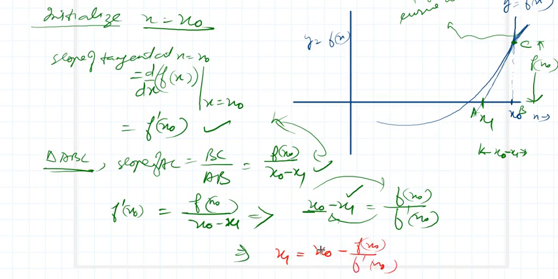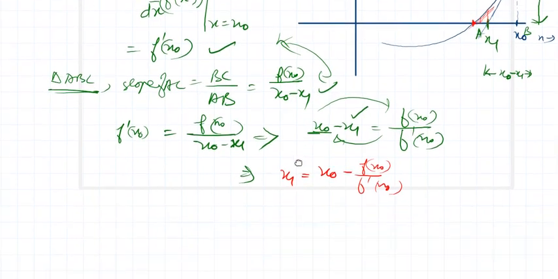Similarly, if I know x1, and this is a little bit far away from the root because I want to approach this point, I will again do the same thing, and so on. This is another tangent, and so on. And slowly, steadily, I am arriving at this point, and this is the way to do this.